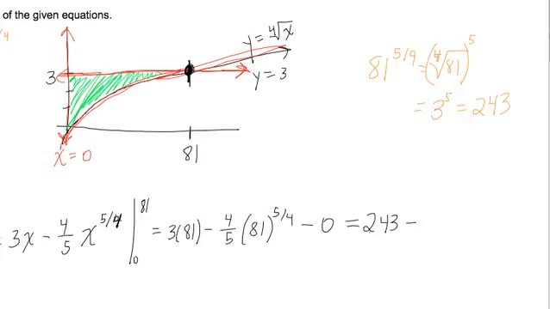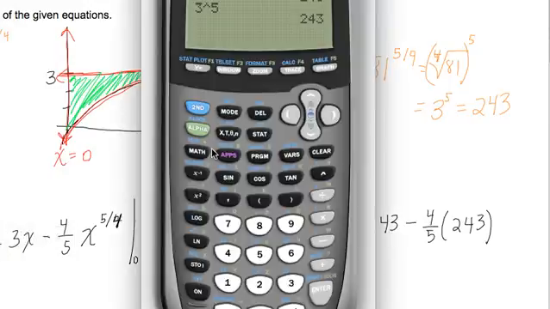So over here I have minus 4/5 times 81 to the 5/4, so it's minus 4/5 times 243. Let's get a common denominator, which would be 5 here. So we're going to multiply 243 times 5 to get 1215.